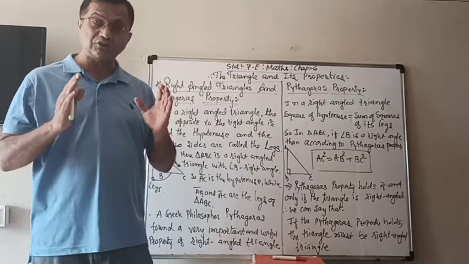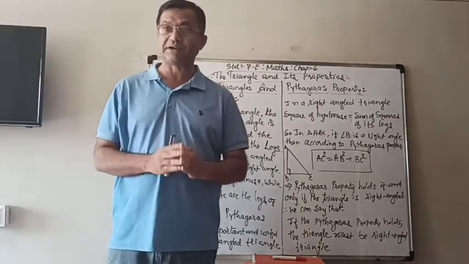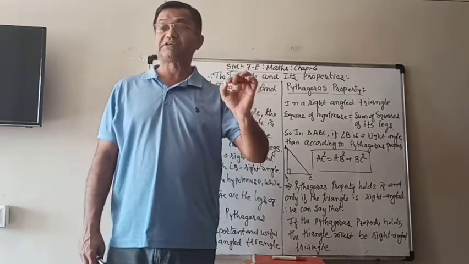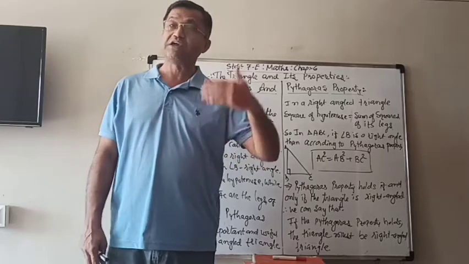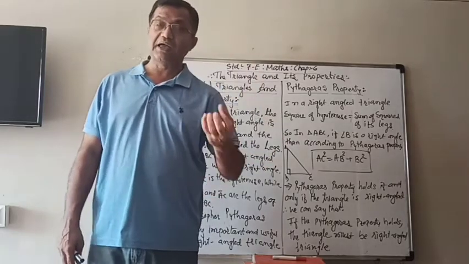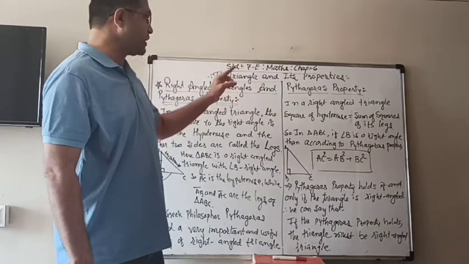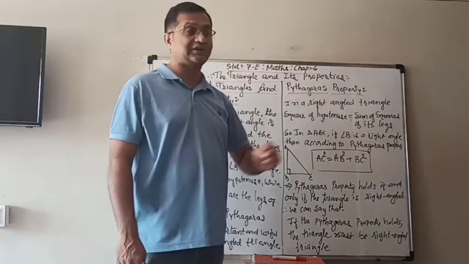But here we don't have to prove that property, we just have to understand what it says and how we can use it in examples. So let us understand what the Pythagoras property is.